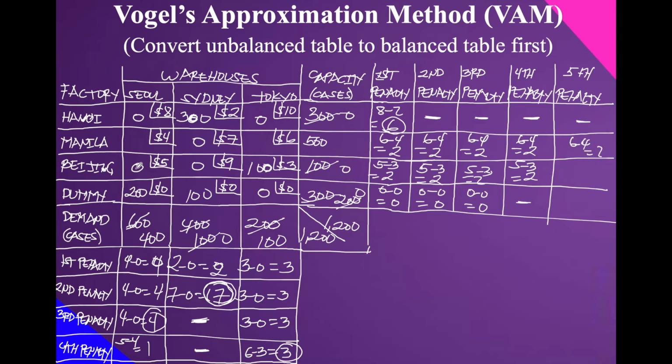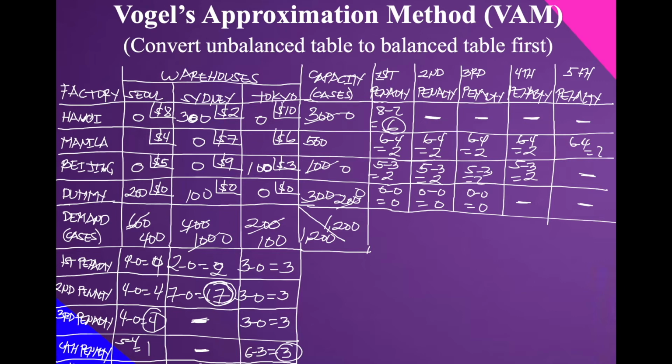And, itong Beijing, okay, wala na rin. For dummy, wala na. For Seoul, take note of this guys, ang natira na lang is 4. Yung 4 na lang, wala nang iba minus. Ibig sabihin, yung fifth penalty mo dito, wala na. No, wala na yan.